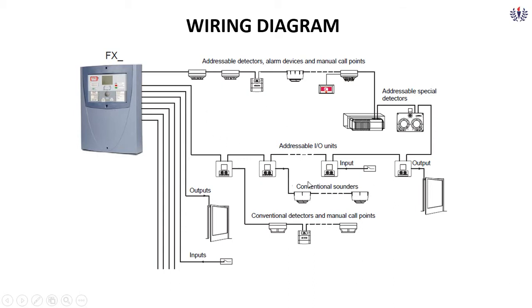Here you can see where a sub loop is formed along with that, and the output devices and input devices can be extended. Like that, it can support up to 32 panel devices in a single panel. So that is the beauty of this fire alarm panel. This shows the wiring diagram. It forms a closed loop.